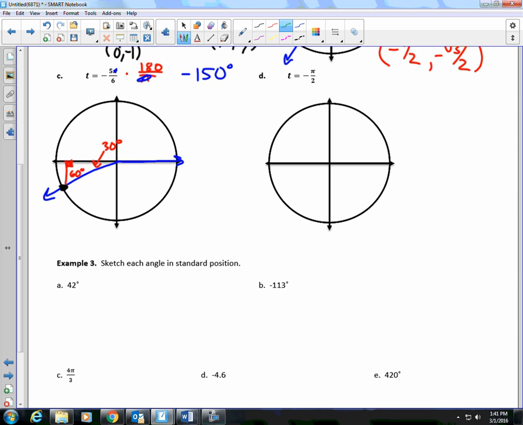What is this distance right here in the unit circle all the time? 1. Which is the shorter side, the vertical side or the horizontal side? The vertical side, right? That's the shorter side. So what do I do to get the vertical side, the shorter side? Divide it by 2 to get a half.